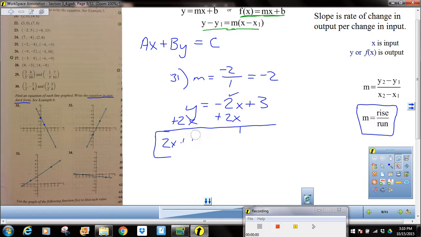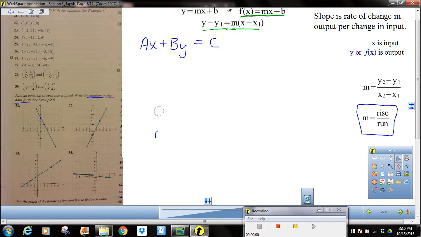Okay, number 32. I'm going to change colors because I've got a lot of blue on here now. First I need the slope. So if I look at the graph here, from -2 up to 2, it's rising 4.